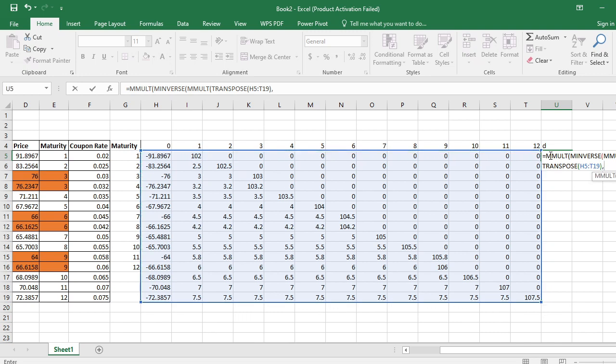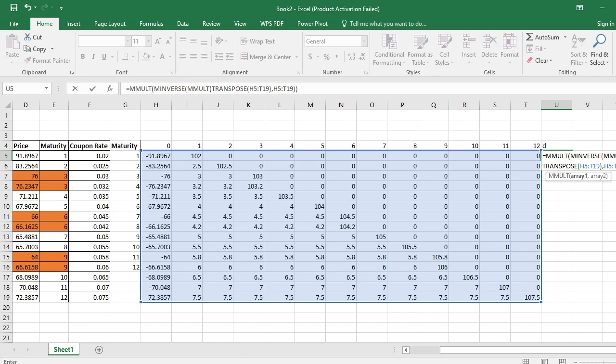Then I have to again this, bracket close. So this is the argument for the m inverse, bracket, which one is it, right bracket.